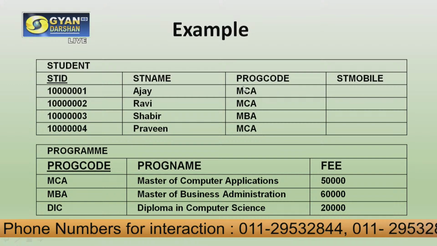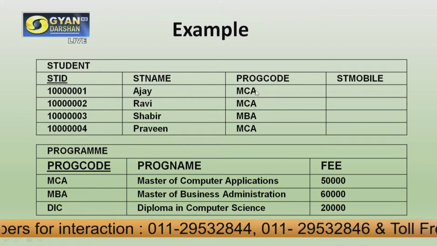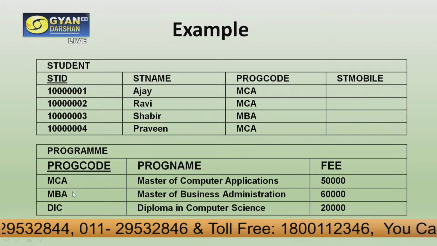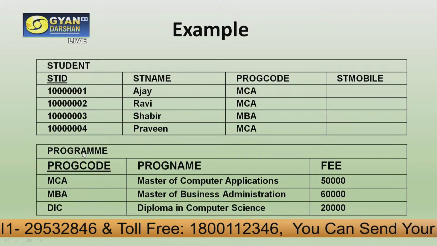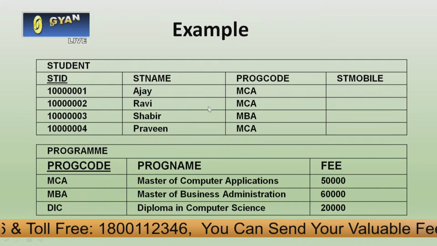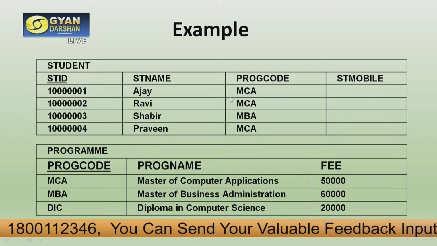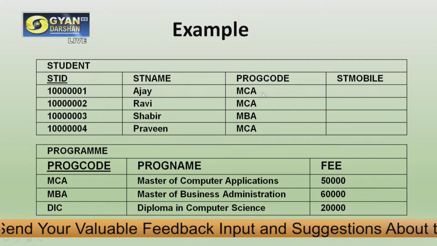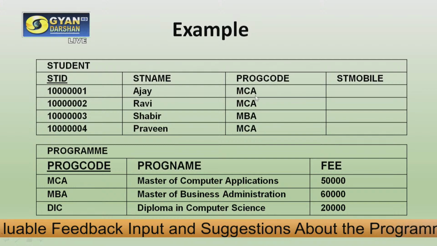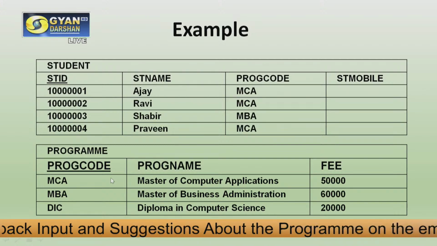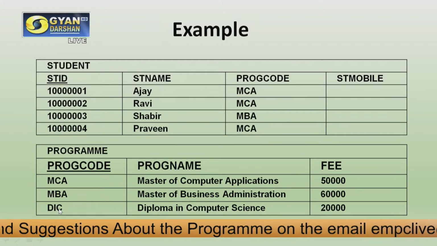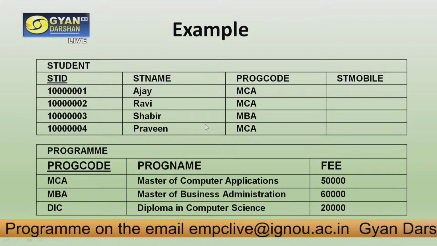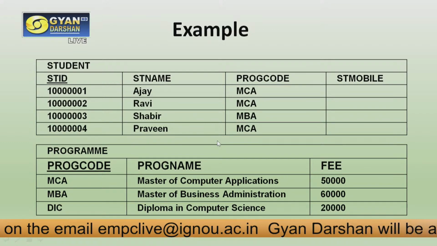These program codes are checked against the program code of the referenced relation, which happens to be the program. What are the advantages of this? When you are entering data for the student, by no means are you going to enter any incorrect program code. Why? Because it will be checked. Oh, this program code does not exist. It will give you an error immediately, right? So your data is not going to be accepted in that particular case.